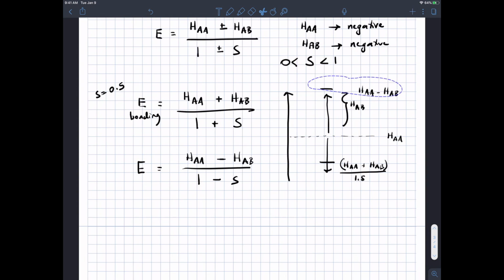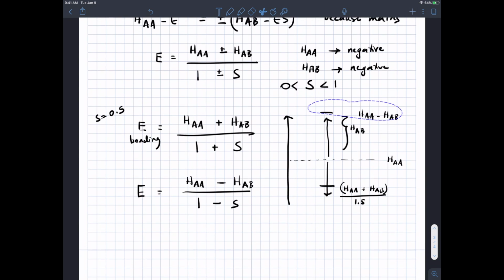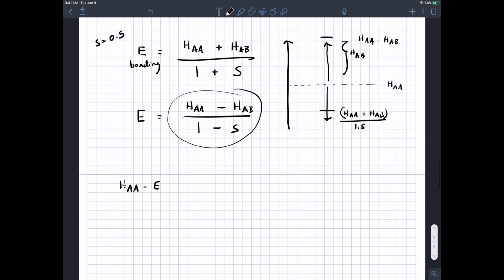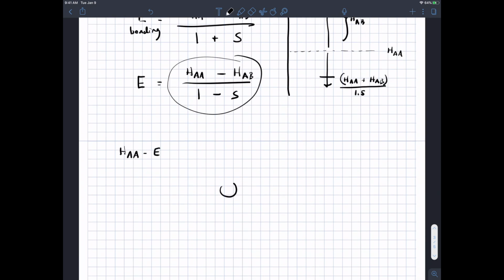If you wanted to, you could look for an expression for the number HAA minus E, which would tell you how much your energy changes. And you could do that math and it would convince you that S determines how much less the bonding orbital is stabilized than the antibonding orbital is destabilized. Okay? And that's a general rule that we're going to deal with.